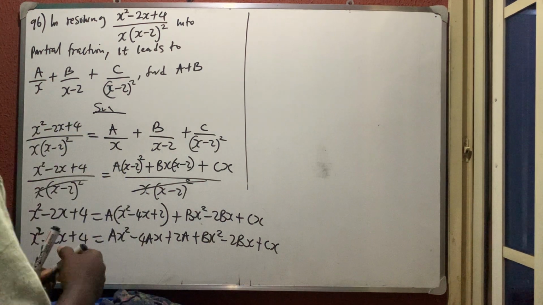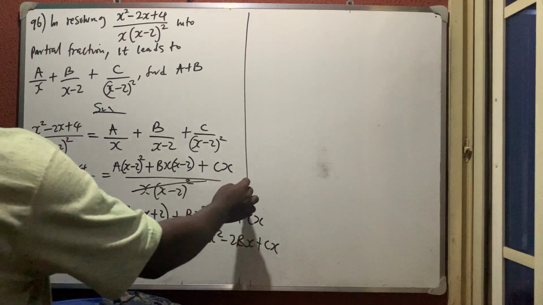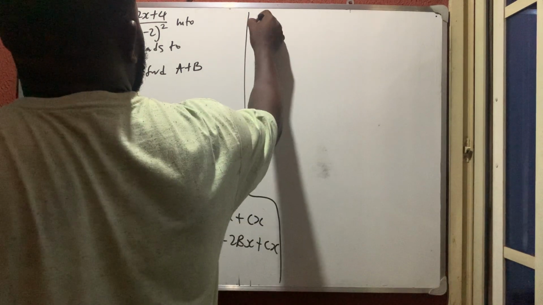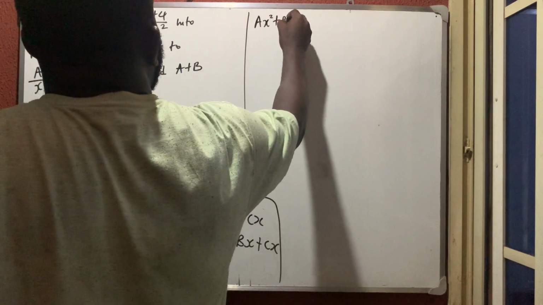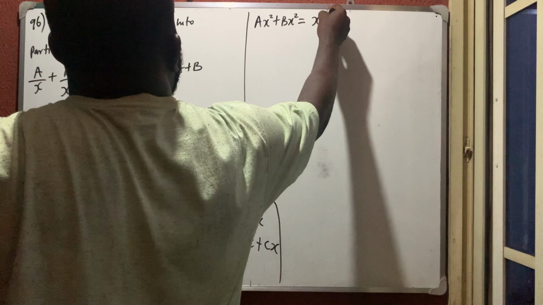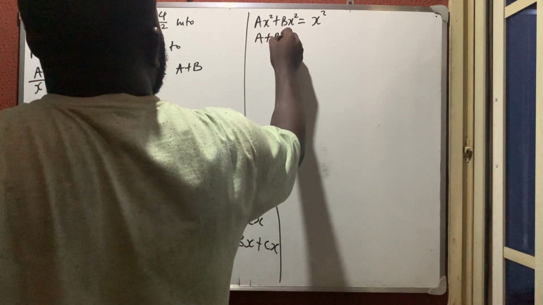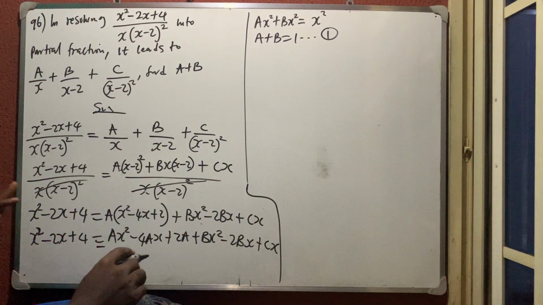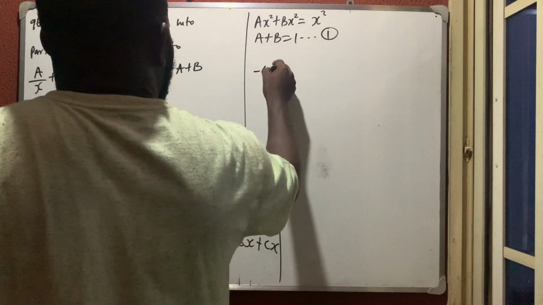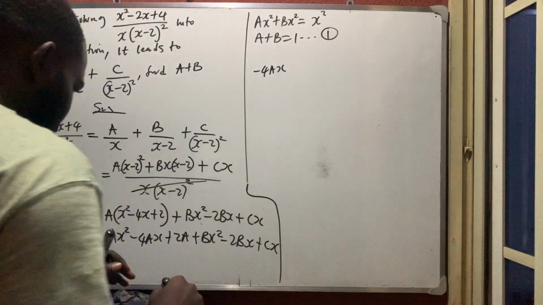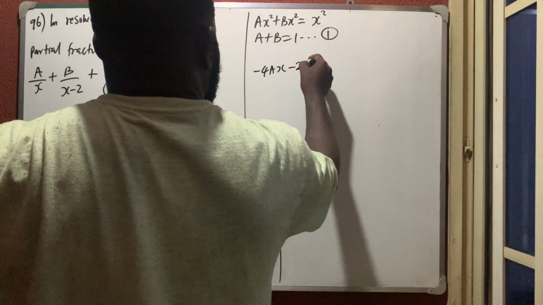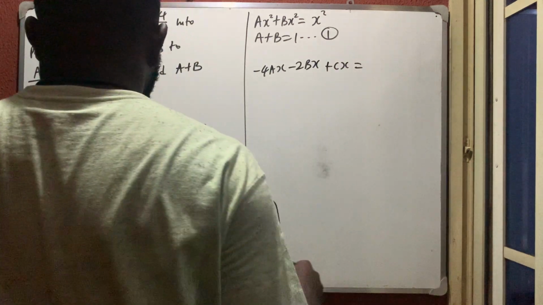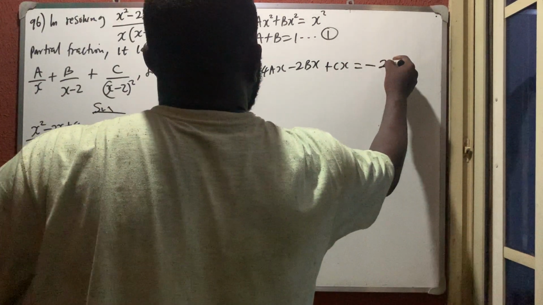So let's compare. By comparison, all the ones that have x squared, which is Ax squared plus Bx squared, is equal to that x squared. Which implies that A plus B is equal to 1, equation 1. Now all the terms that have x only: minus 4Ax, minus 2Bx plus Cx is equal to minus 2x.